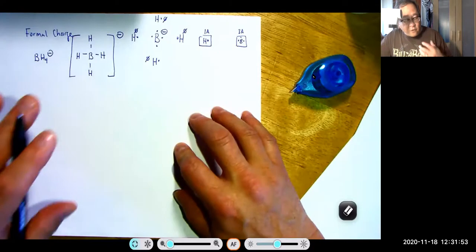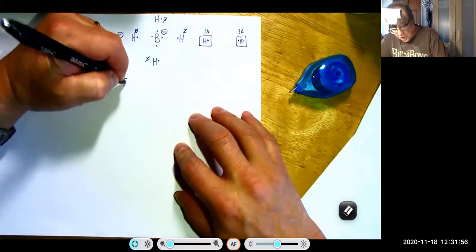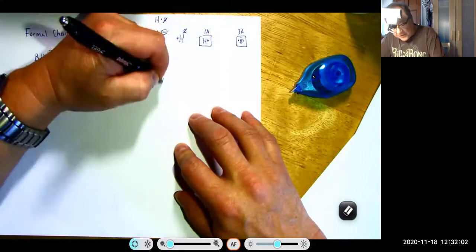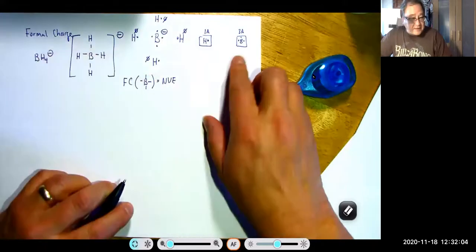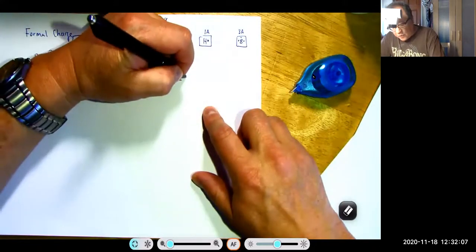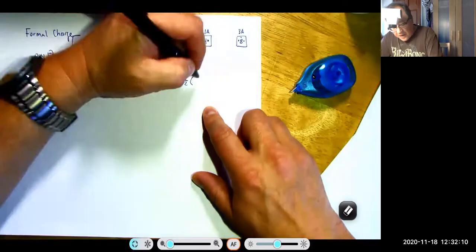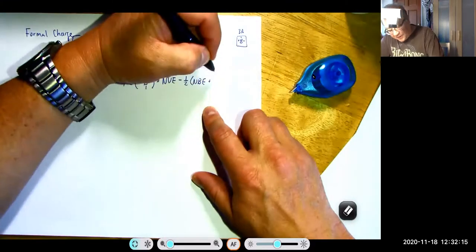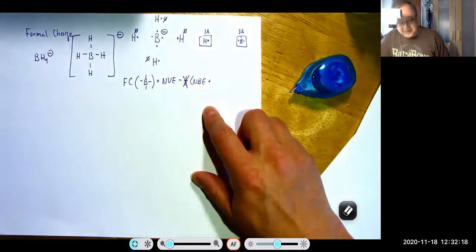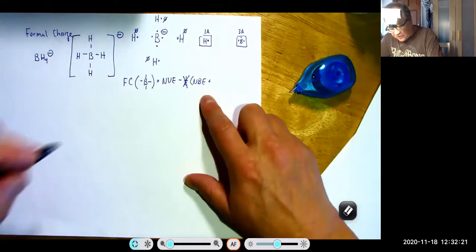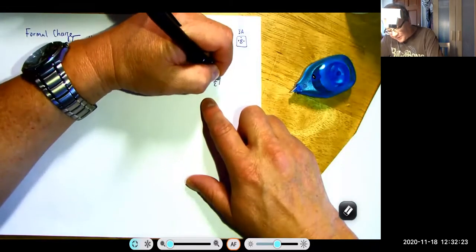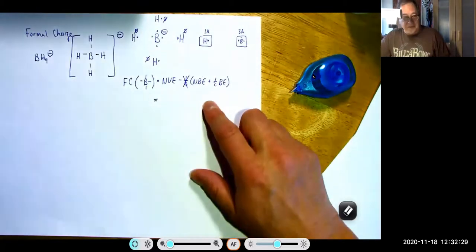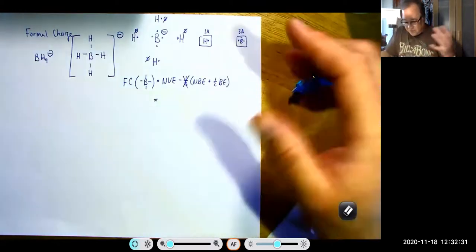Now, if we do the formula way of calculating them, the formal charge on the boron is equal to the number of valence electrons in the periodic table minus the non-bonding electrons plus 1/2 of the bonding electrons. So that's the formula, and you can see why I don't like the formula, because you have to think about where all the numbers go.